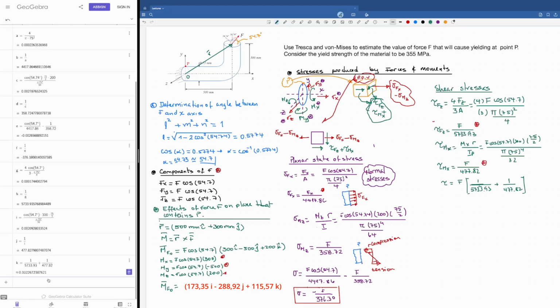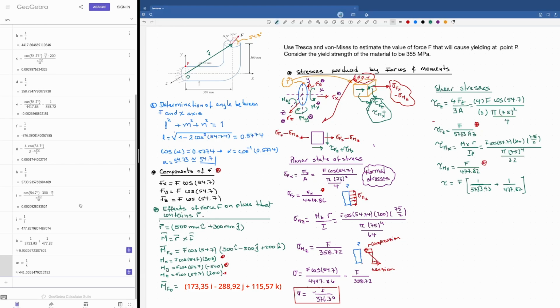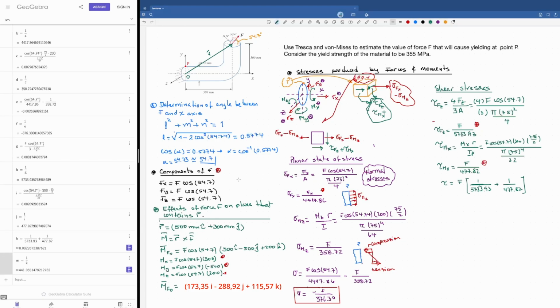This much, and then again I can just use the reciprocal of this, which is 441. Then the total shear stress is going to be tau equals the force divided by the result here, which is 441.06. And I'm going to mark it like this.